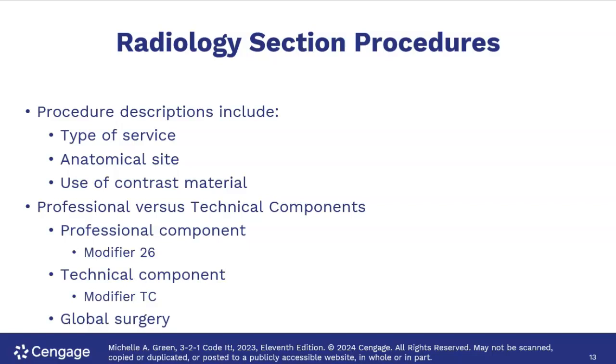Now, if a facility, let's just say Mercy Hospital, they have a radiologist there, they have an x-ray machine there, everything is done at that one facility, you're not going to need to put modifier TC or 26 on it. This is, if you would have to send that report out for a radiologist to read it, that radiologist is going to put a 26 on that x-ray or whatever they did read. So that way the insurance company knows how to split that code for money-wise.